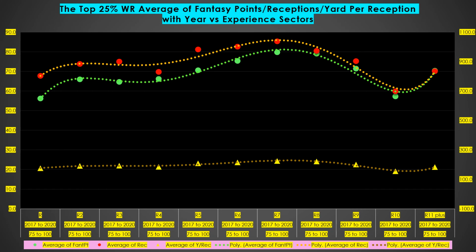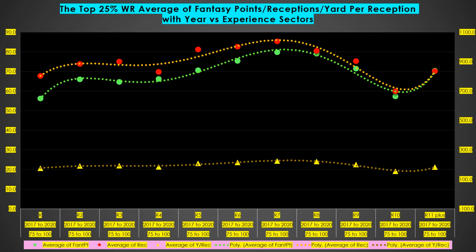So, getting to the end of the landscape of the wide receivers, here's the top 25%, guys, and the average points, receptions, yards versus experience here. And I think I did yards per reception. In some ways, it's in the triangles here.